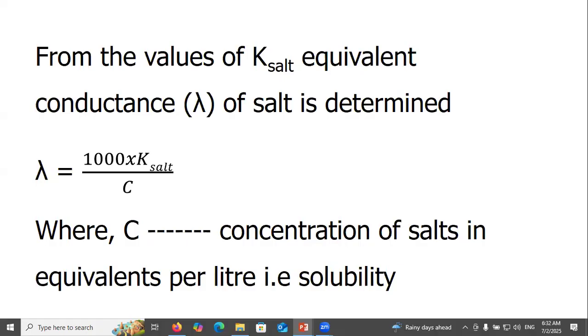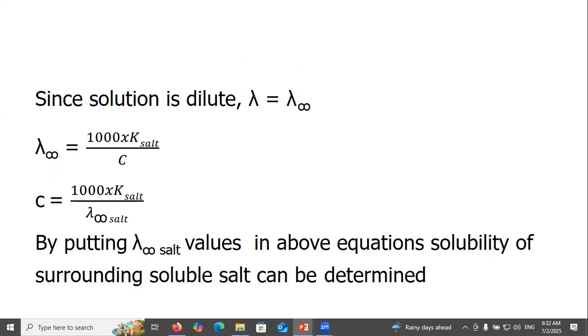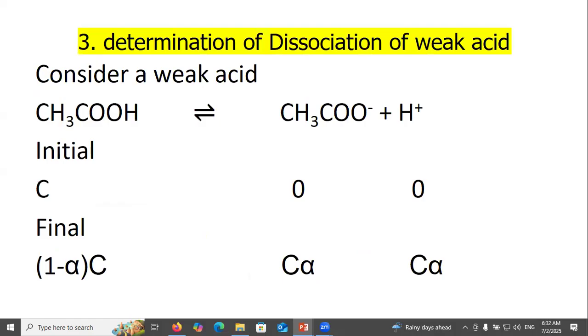Lambda equals 1000 K salt over C, where C is the concentration of the salt in equivalents per liter, that is the solubility. Since the solution is dilute, lambda equals lambda infinity, so lambda infinity equals 1000 K salt over C. So C equals 1000 K salt over lambda infinity. By putting the lambda infinity values in the above equation, the solubility of the sparingly soluble salt can be determined.